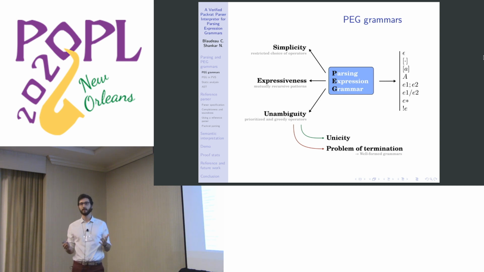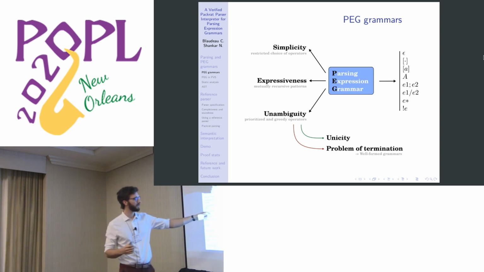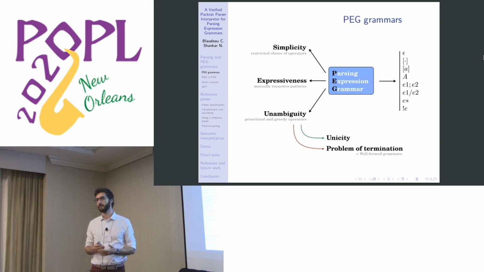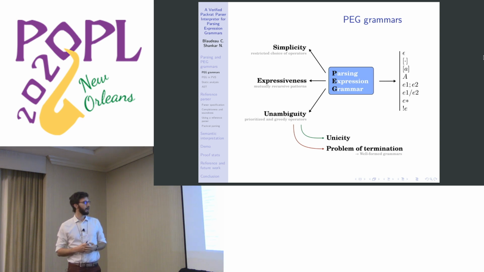And they are unambiguous. That unambiguity gives you the first interesting result, which is the uniqueness of the possible parse. There is only one possible parse given a PEG grammar. But you also have the problem of termination that you can have in all left-recursive parsers, which is also present in PEG grammars.